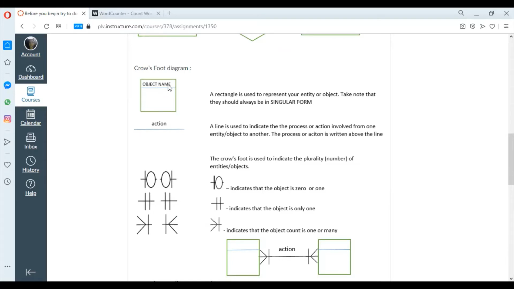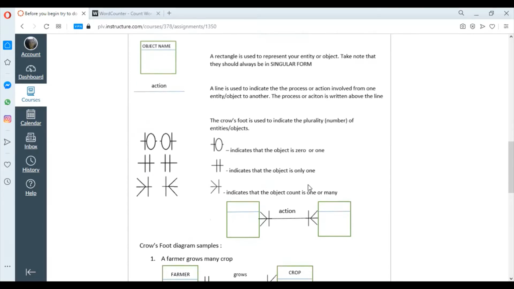So basically, the name should be in capital letter, should be in singular form. Now, for our action, it is denoted by a line wherein the action should be located on top of the line if it is horizontal, and usually it is found on the right if the line is vertical.